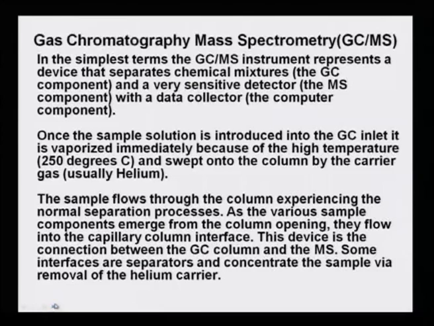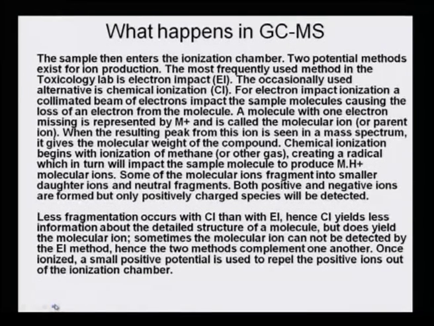Some interfaces are separators and concentrate the sample via removal of helium carrier gas. So, there are other devices also, but we will go slowly into the detail of GCMS. The sample then enters the ionization chamber.